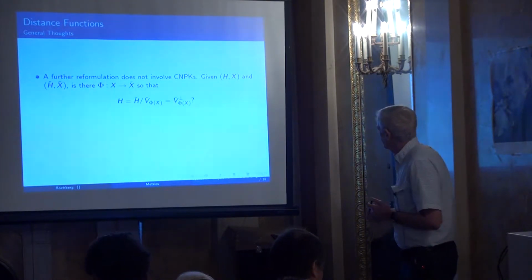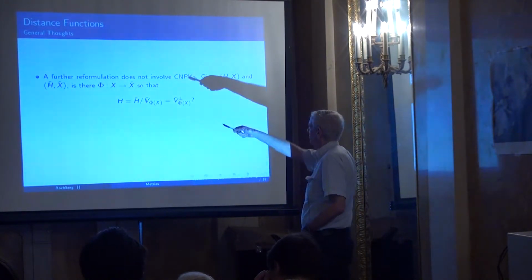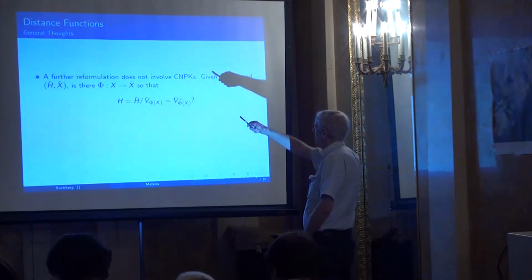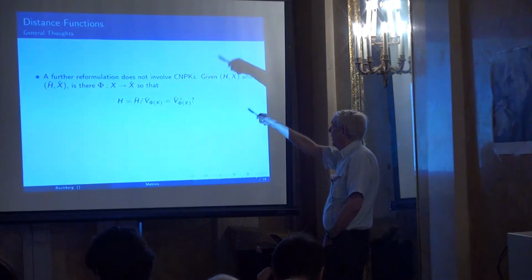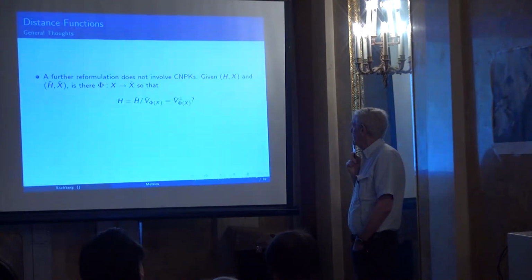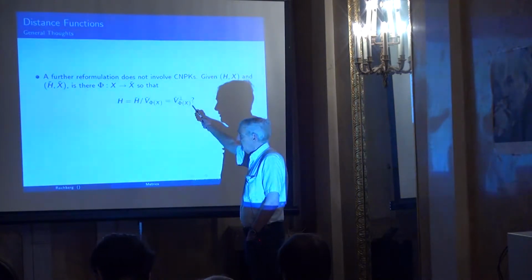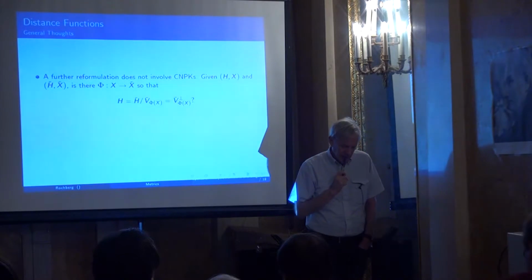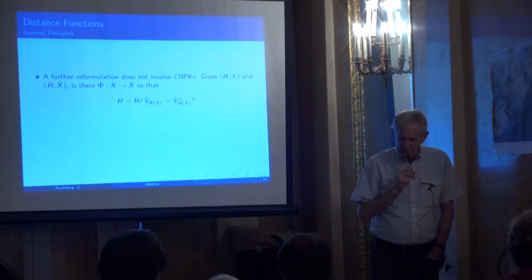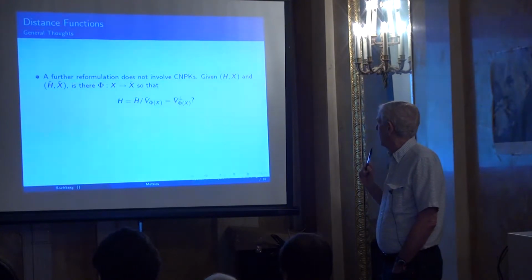The most well-known example of this construction is when I take the tensor product of H with itself, which is a space of functions on x cross x. I can embed x in as the diagonal, and this is then the space described by Aronszajn. The orthogonal complement of the things that vanish on the diagonal is the Hilbert space with the reproducing kernel whose square is the original reproducing kernel.